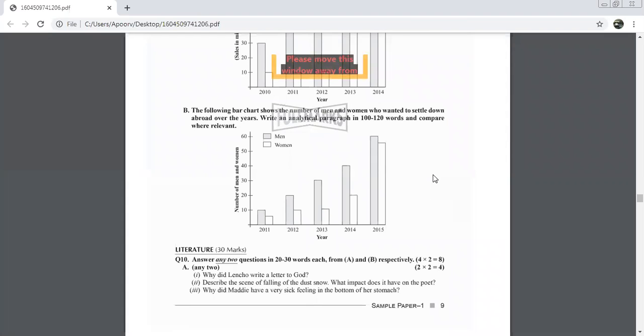So please be ready with your content. We will not write, we will just discuss. So just 2-3 minutes. Prepare yourself for the introduction. I may ask you by name. Introduction, then describing each and every bar, and then the conclusion. Prepare everything in mind.